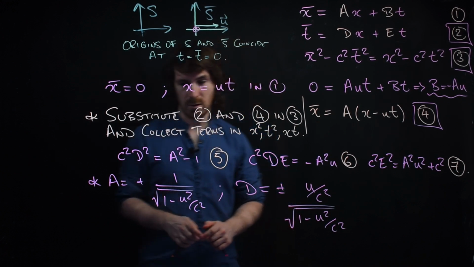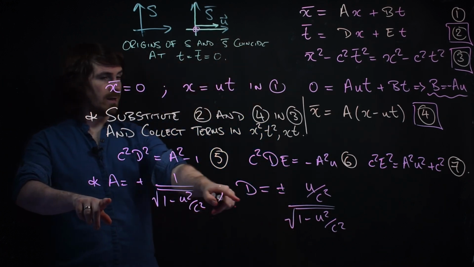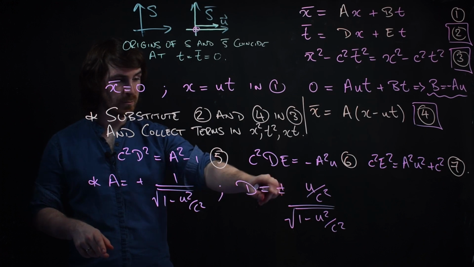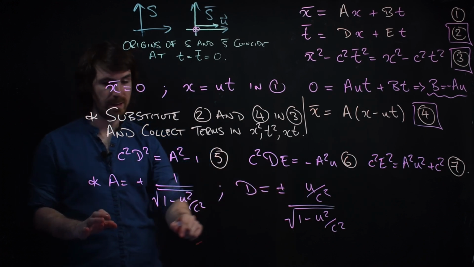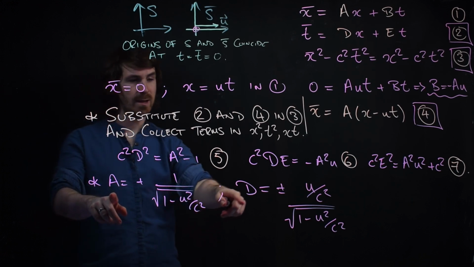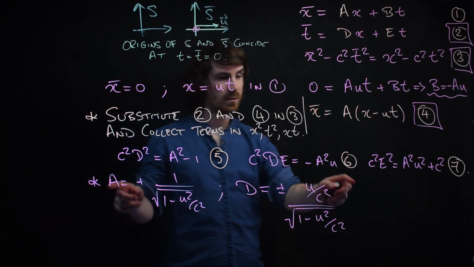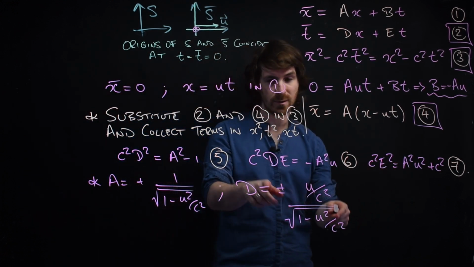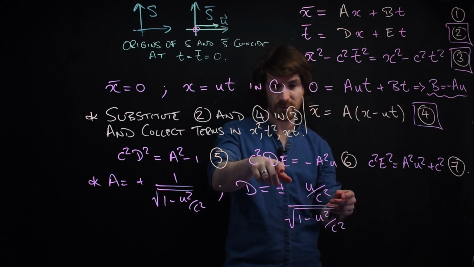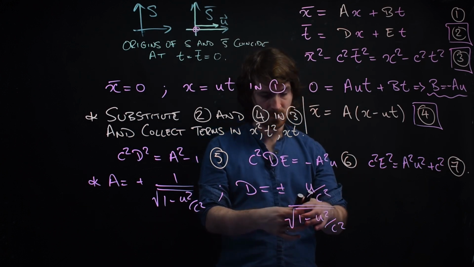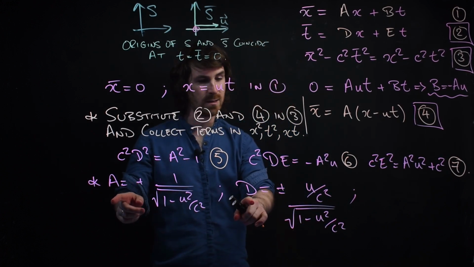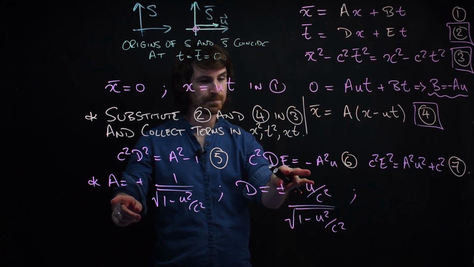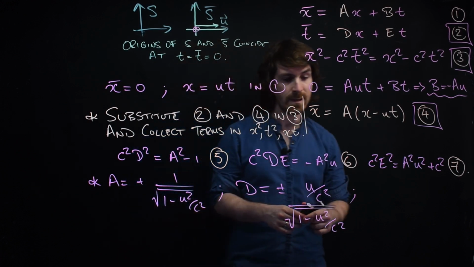Okay, so now we have a and d, and we're going to determine the sign in a second, but let's move on to finding e. So we've got a and d and some equations with a, d and e, so let's pick equation 6 and find e. So go ahead and substitute a and d into equation 6 to find e.